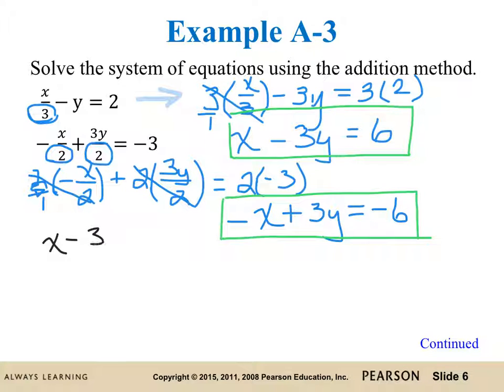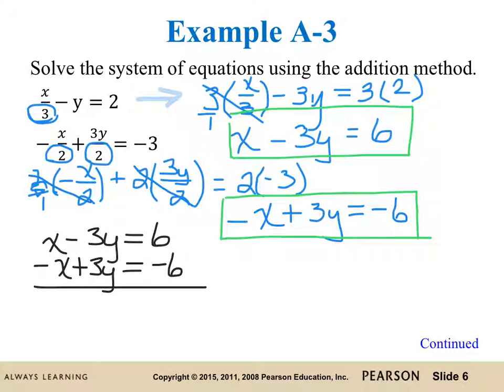x minus 3y equals 6. Negative x plus 3y equals negative 6. And we see here that when we add these together, x minus x gives us 0. They cancel each other out. Negative 3y plus 3y also gives us 0 because they cancel each other out.